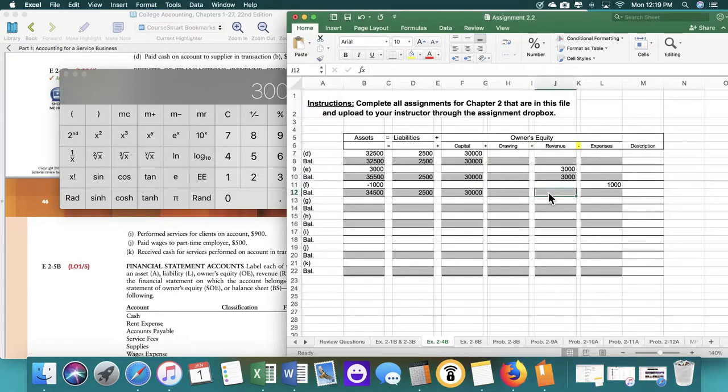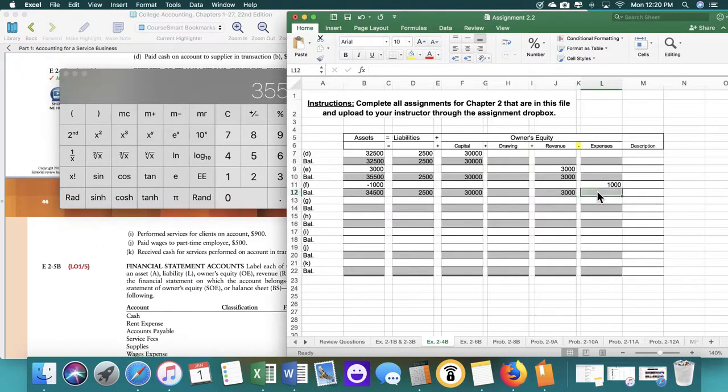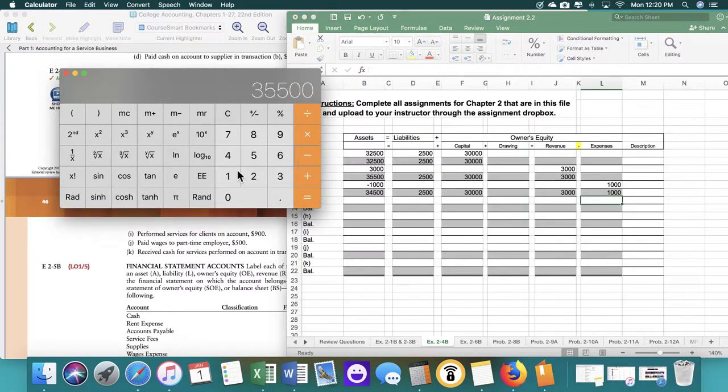We have revenues of 3,000, so we're going to add that. So we're at 35,500, and then we have $1,000 for expenses, so we're going to subtract. Okay, so far we're still balancing, so that's great.